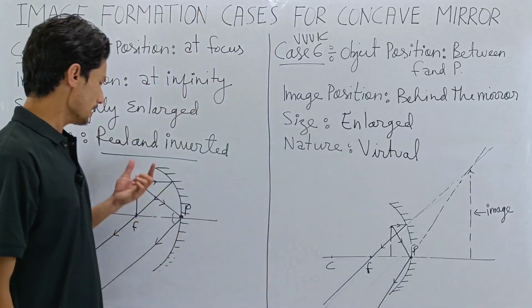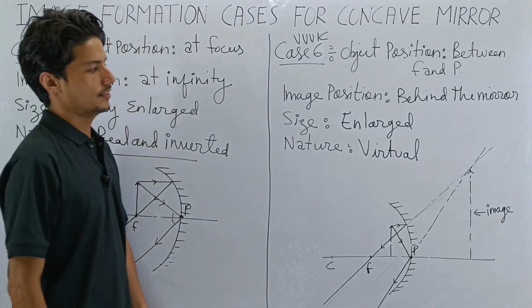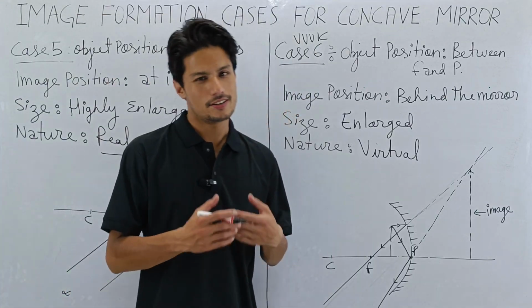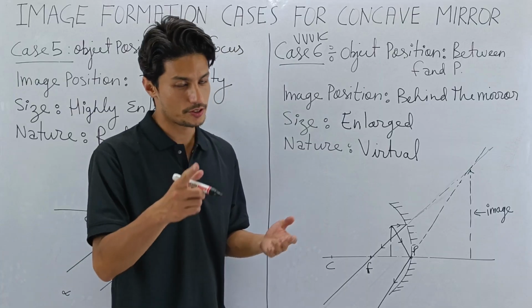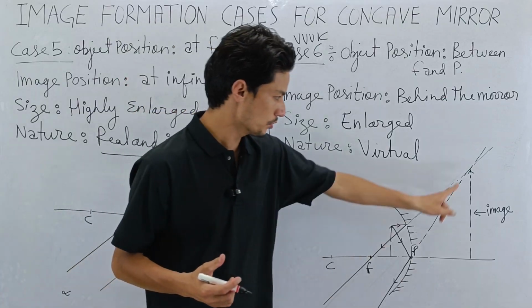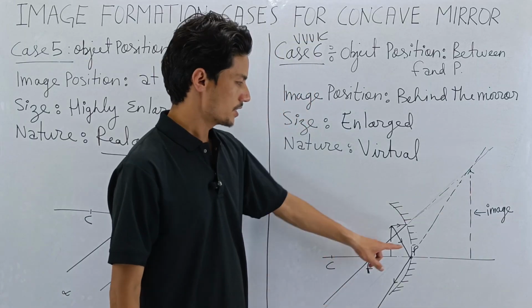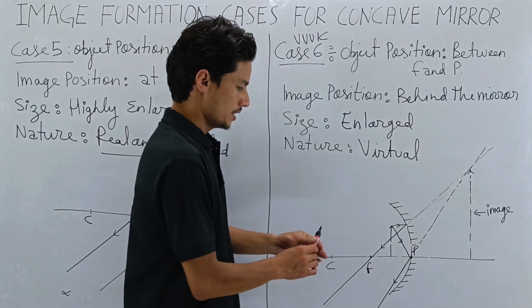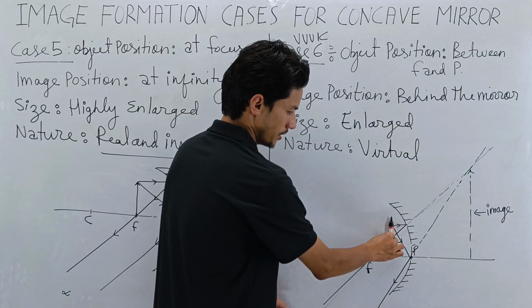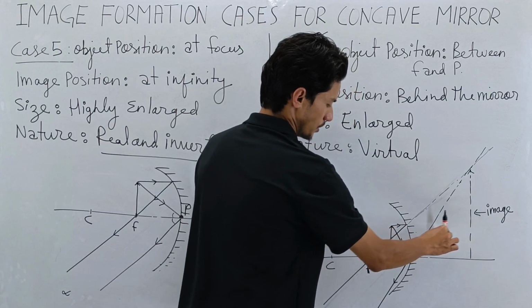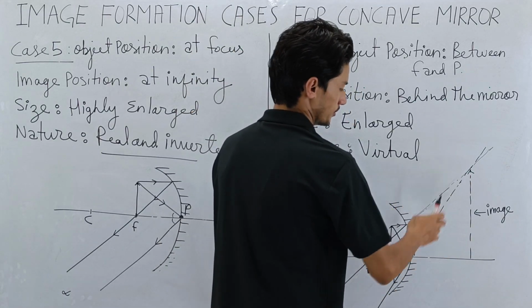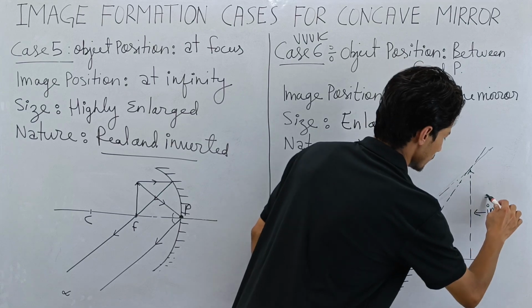If real images are inverted, then virtual images will be erect. Look at this image. Is it not erect? It is erect. The object is like this and the image is also like this, so it's called an erect image.